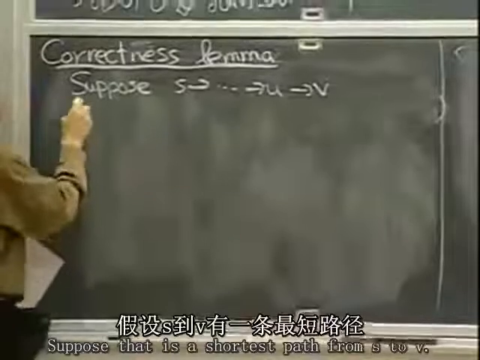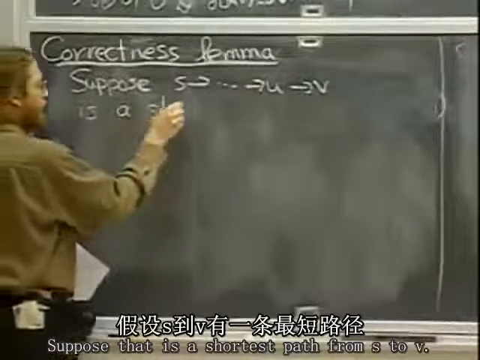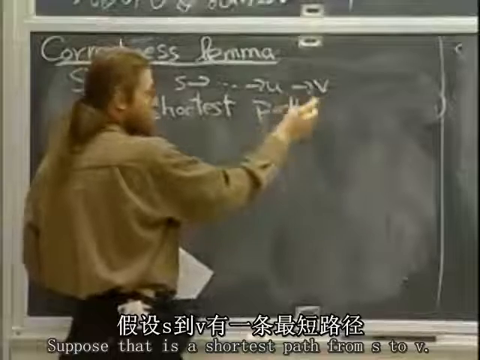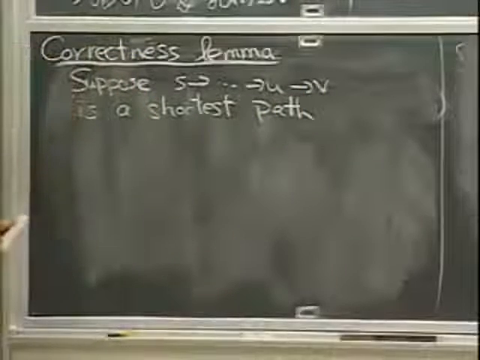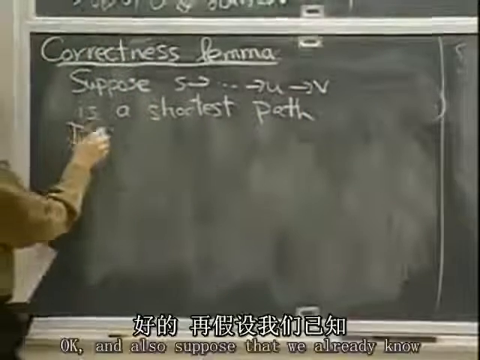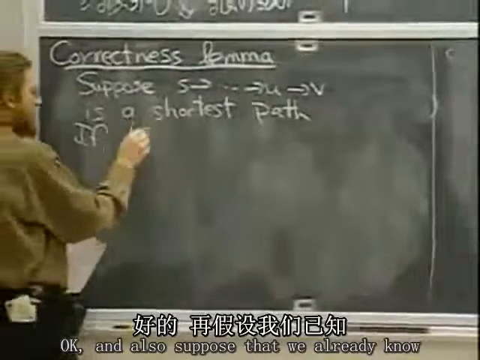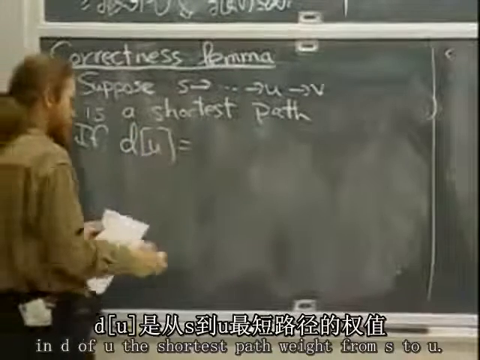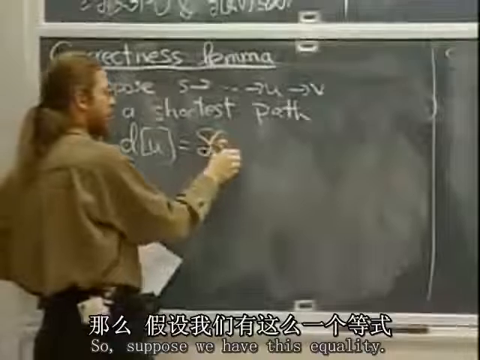Suppose that is a shortest path from s to v. And also suppose that we already know in d of u the shortest path weight from s to u. So suppose we have this equality.